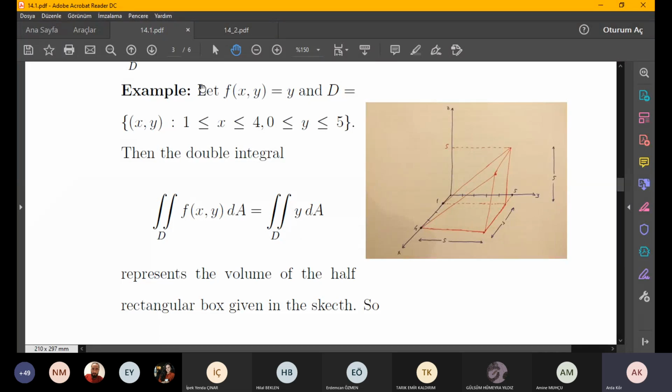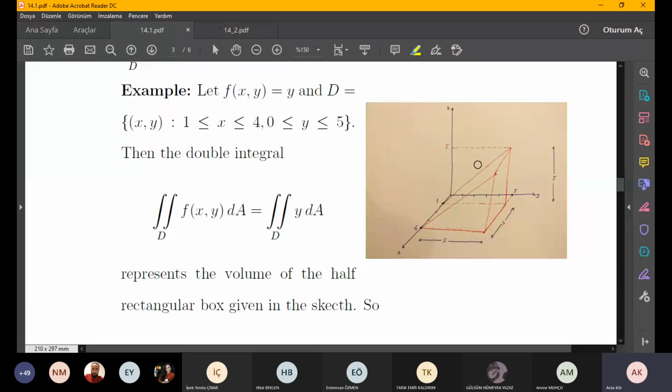And let's give a quick example here. The function f(x,y) is equal to y, which means this is the plane z equals y. So let me try to sketch it. This region is the plane z equals y.